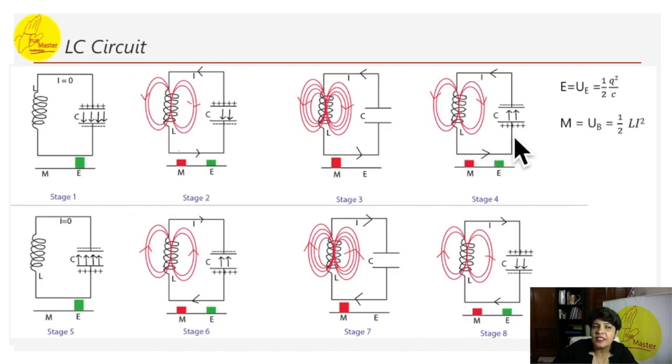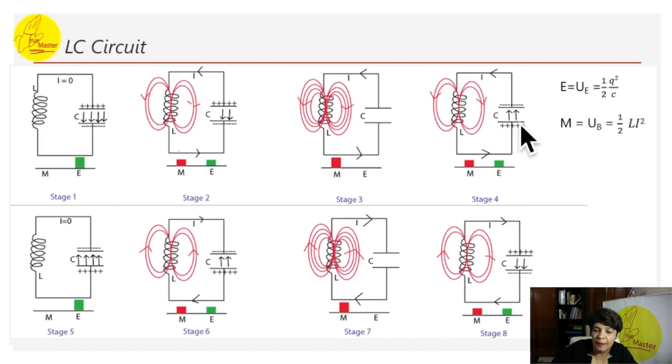The current here is persisting, though with decreasing magnitude, and charges the capacitor in the opposite direction. Now the capacitor is being charged, but in the opposite direction. How? See, these arrows are in the opposite direction to the original. See, they are in this direction, and here it is in the opposite direction.